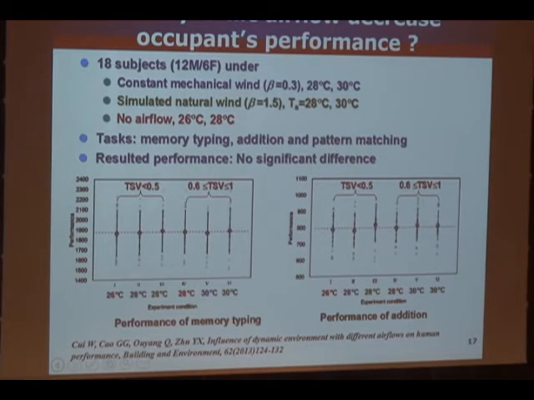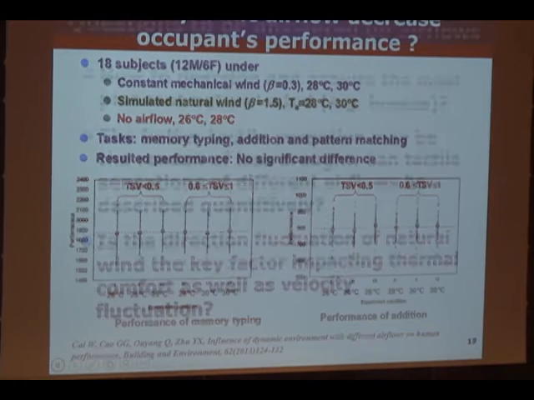Of course, there are some differences, but the difference is not very significant. So anyway, we can say that with a temperature difference like this, increasing the temperature and using wind velocity variation will not decrease the performance.